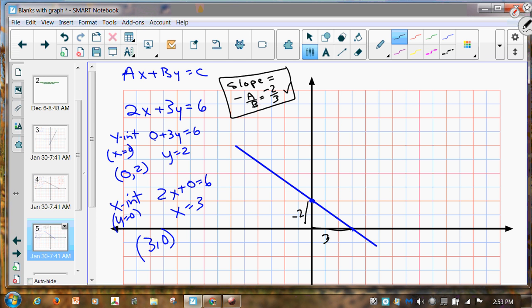But it's really not necessary because it's so easy to calculate your y-intercept and your x-intercept and just draw the line between those two. Just be careful, as always, about your math and your minus signs. Okay, so that's plotting a graph with the standard form and the slope-intercept form.